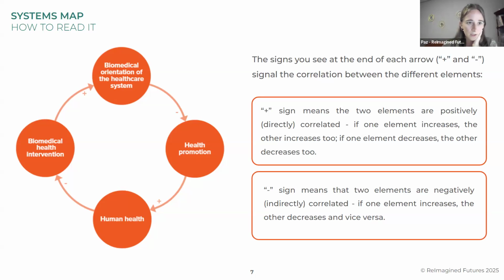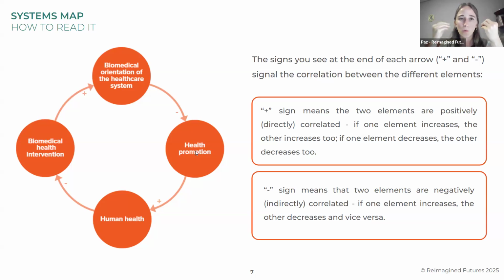So for example, here, the more biomedical health intervention we have, the more biomedical orientation the healthcare system will have. And the more biomedical orientation of the healthcare system, the less health promotion there will be. This is not exactly like this.